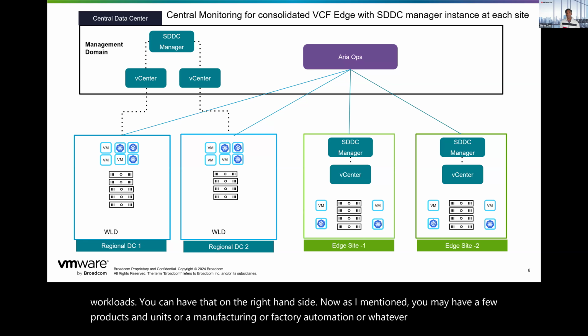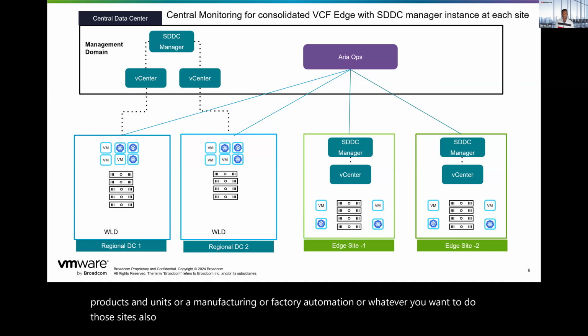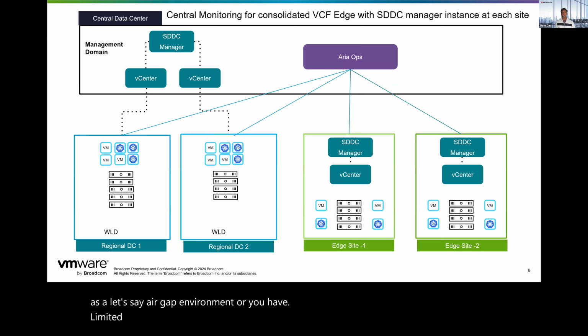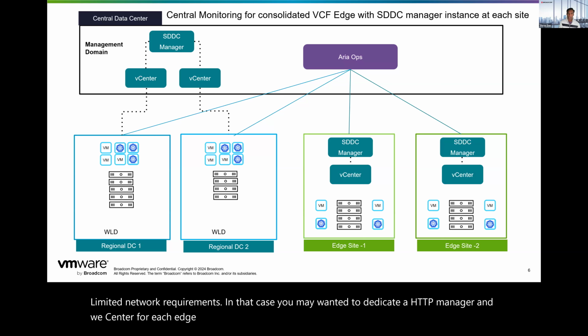Those sites also need dedicated management instances, as well as you also want to manage them as, let's say, an air-gapped environment, or you have limited network requirements. In that case, you may want to dedicate an SDDC Manager and a vCenter for each edge location. In that case, you'll deploy a VCF instance, and each VCF instance will manage that edge location.